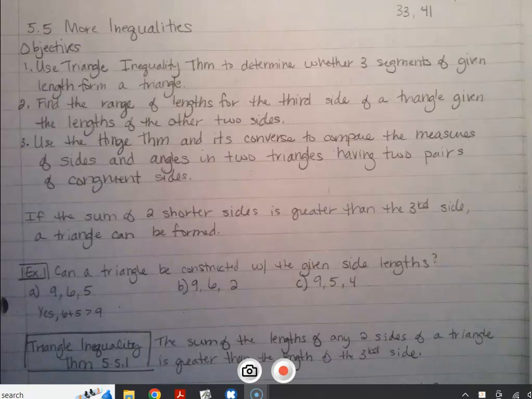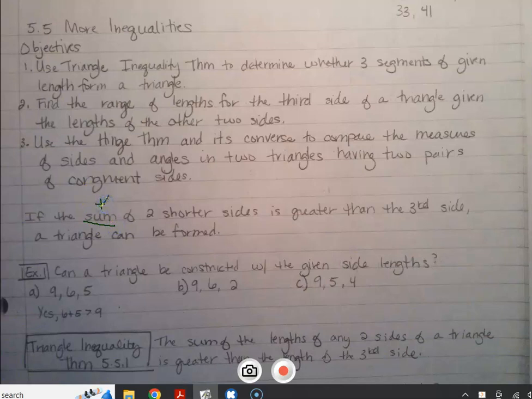So first up, if the sum of 2 shorter sides is greater than the third side, a triangle can be formed. What on earth is that saying? Okay, so what's sum? Addition.